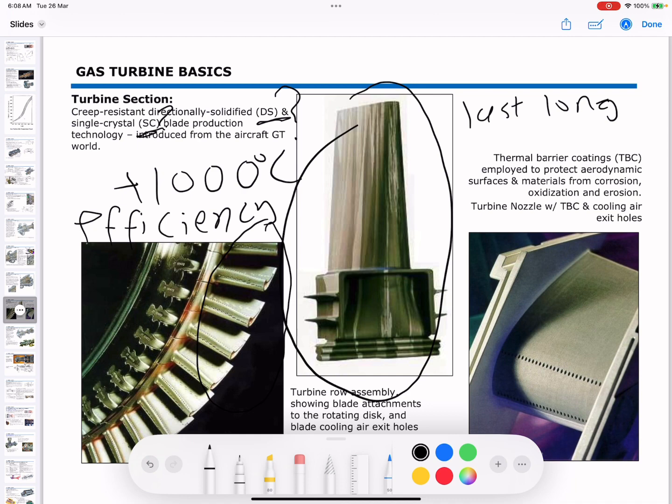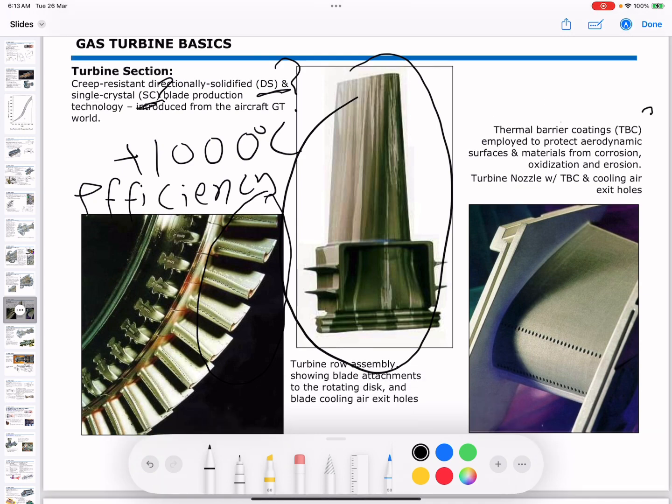You know what durable means: it's a very good material that doesn't break or deform easily, making it a vital and important component in aerospace and power generation industries.